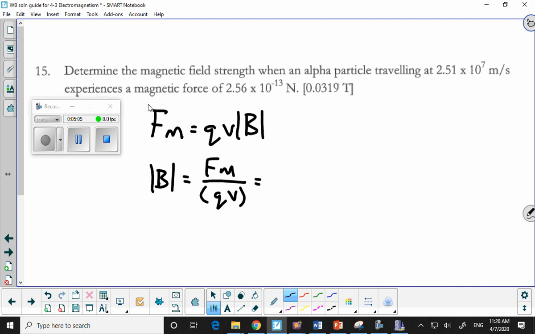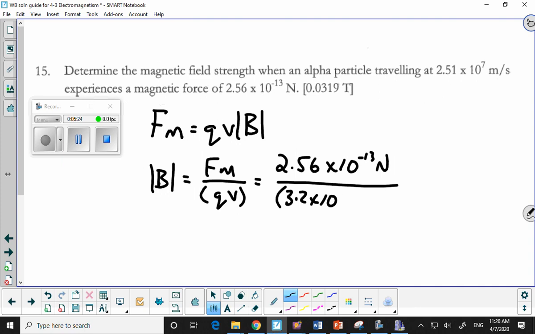So the magnetic force was given as 2.56 times 10 to the minus 13 newtons. The charge, this being an alpha particle, remember, is 3.2 times 10 to the minus 19, but you can look that up on your data sheet if you're unsure. The speed was given here as 2.51 times 10 to the 7 meters per second.